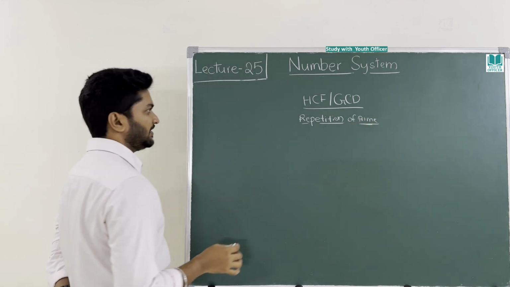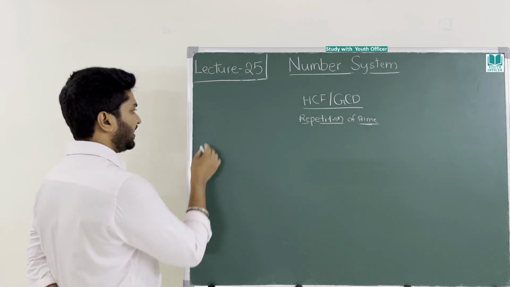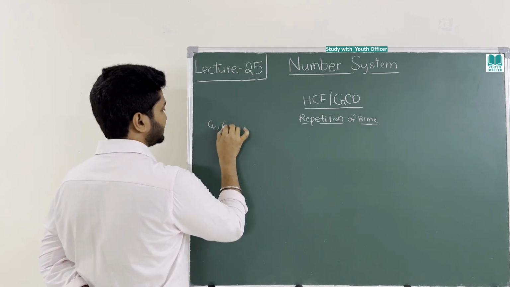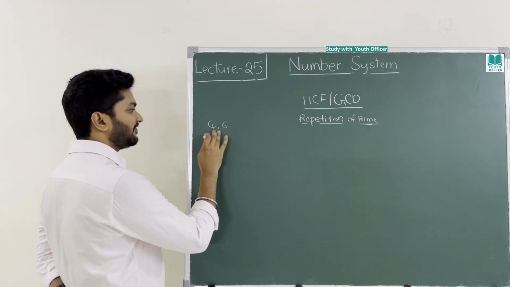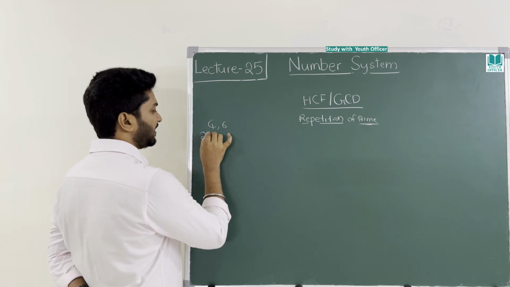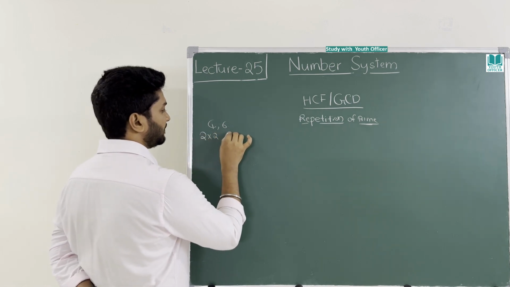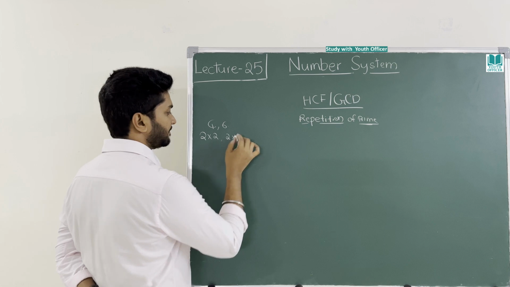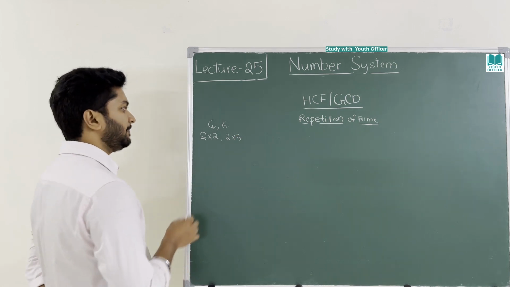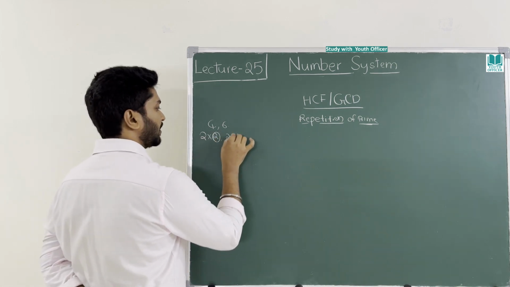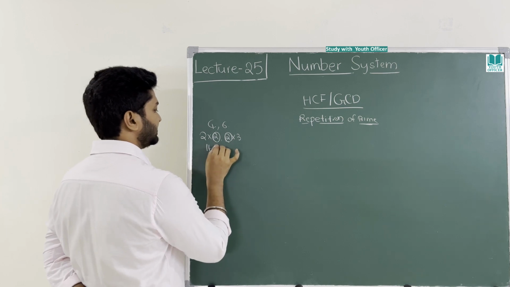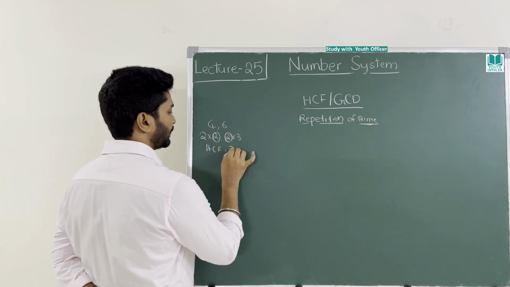If you take 4 comma 6, you have to divide them into prime factors. The 6 can be divided into 2 comma 3. What is repeating in between them? 2 is repeating. So the answer is 2.